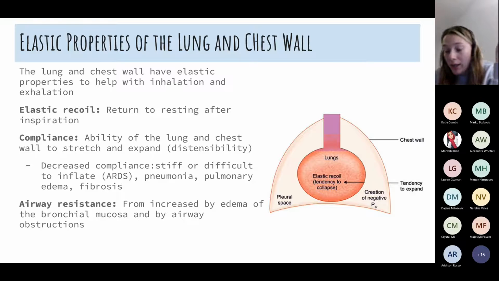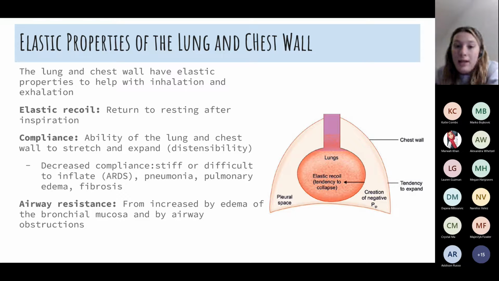This is really important in allowing us to have adequate inhalation and exhalation. We'll talk a little later about some disease processes that can impact elastic recoil, and this can make it a lot more difficult for these patients to catch their breath.